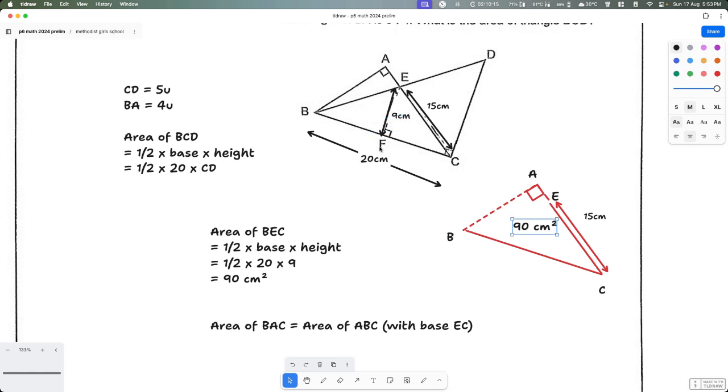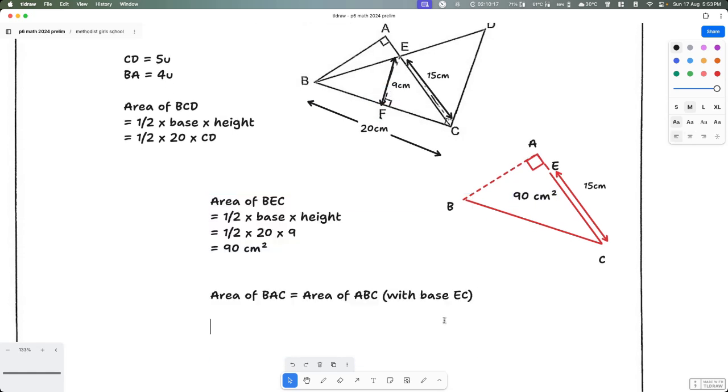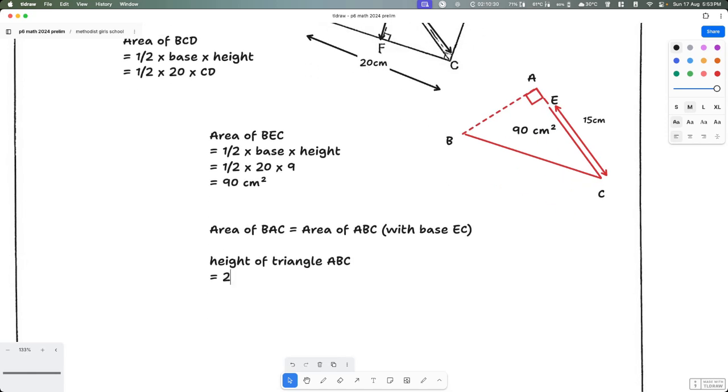Then what we can do is get the height. To get the height of triangle ABC, it is 2 times the area of the triangle, divided by the base.